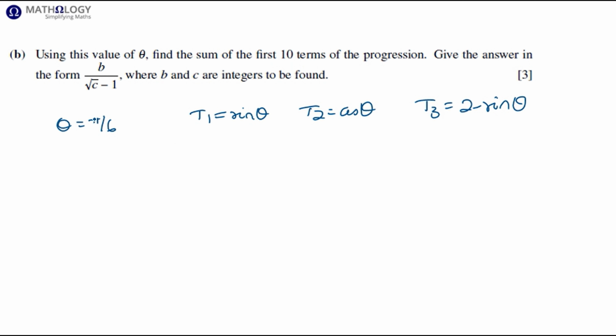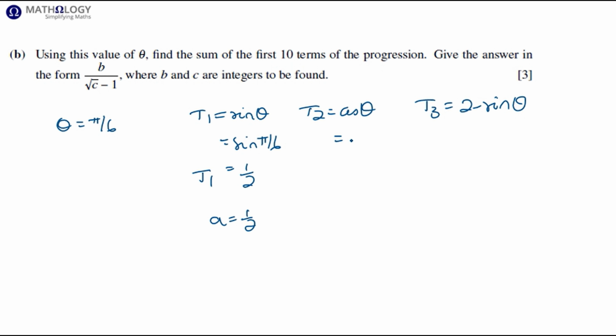So using theta equals pi by 6, the first term is sine pi by 6. Pi by 6 is equivalent to 30 degrees, so sine 30 is a half. That's your first term, so a equals a half.